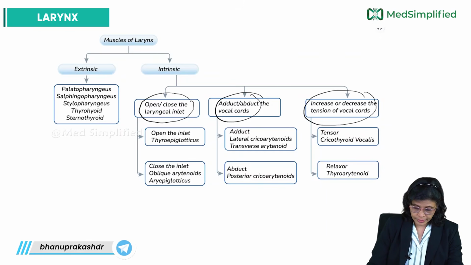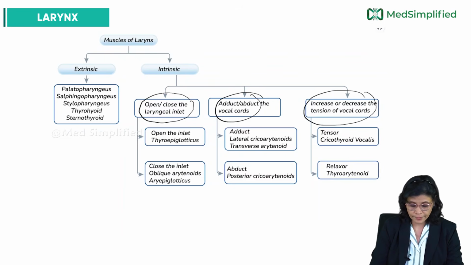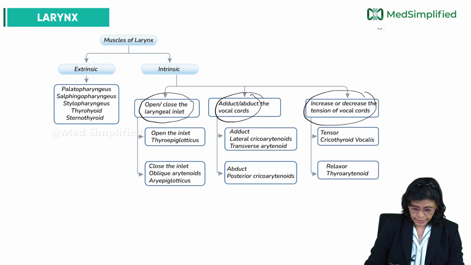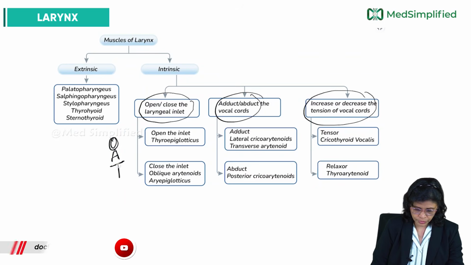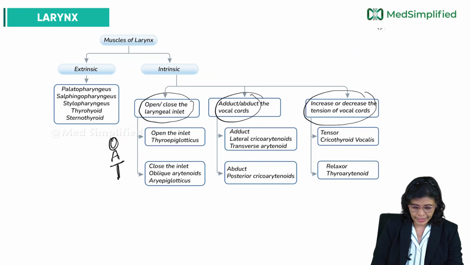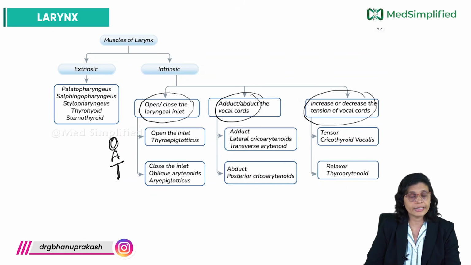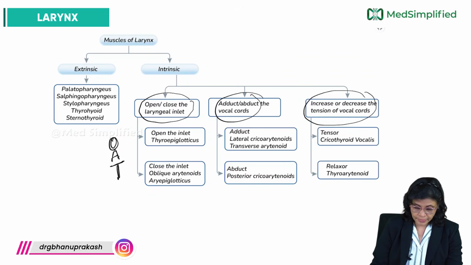So, there is only one muscle which opens the inlet. To remember these open or close muscles, you can remember OAT. Of this, the oblique arytenoids and the aryepiglottic muscle will close the inlet when they contract.